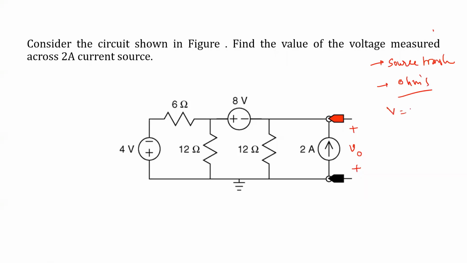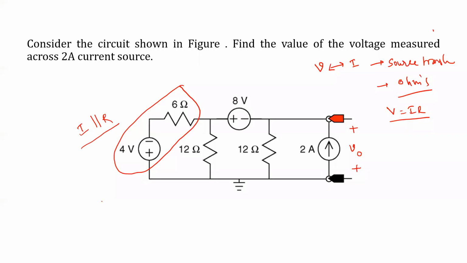Ohm's law states that V is equal to I into R. Source transformation says that a voltage source can be converted into a current source, and a current source can be converted into a voltage source. Only using these two concepts, let us find out the voltage. All right. First, you can see here, a voltage source in series with resistance can be converted into a current source in parallel with the resistance.